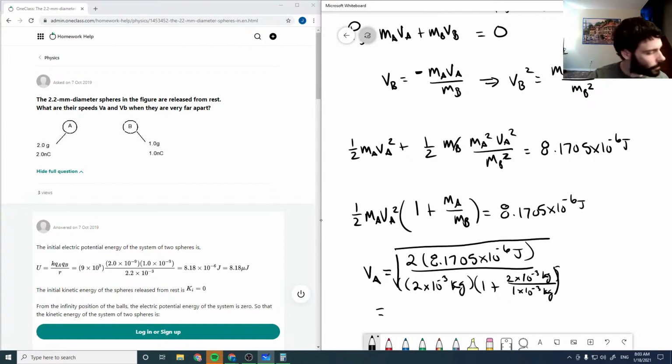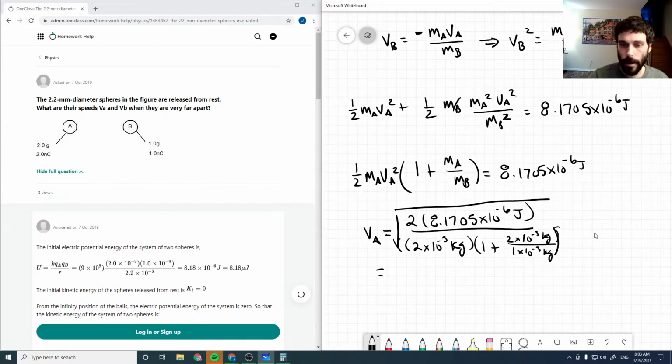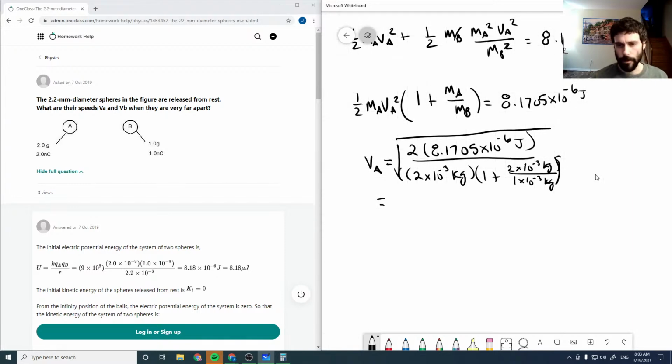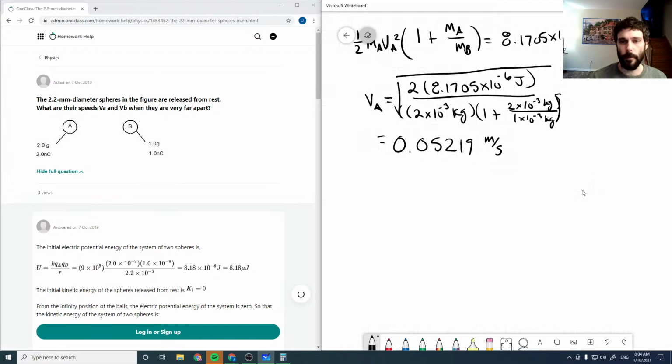If we do this on our calculator, we get 0.05219 meters per second. Our vA is obviously going to be to the left, and this is the magnitude of our vA, or just our speed. So I'm going to say that vA is minus 0.05219 meters per second, just to match up with the figure.